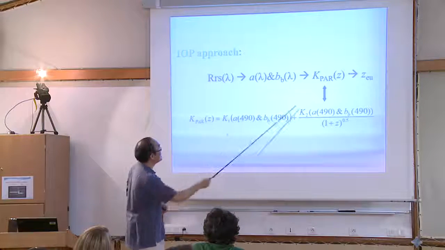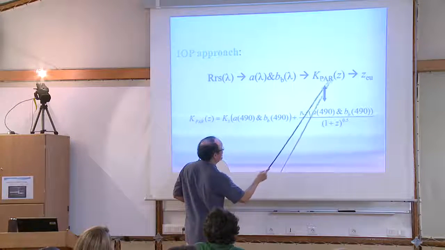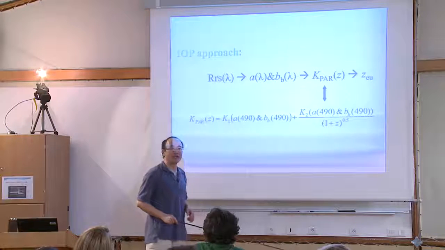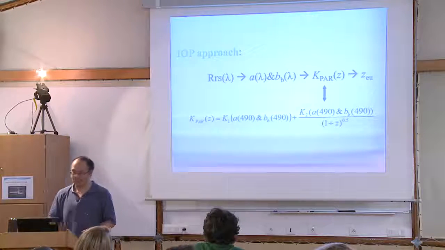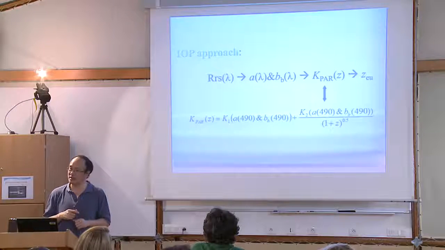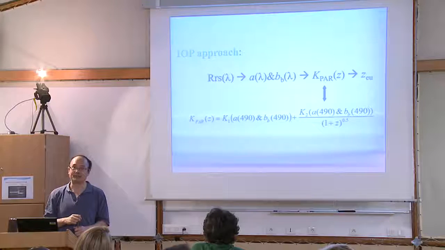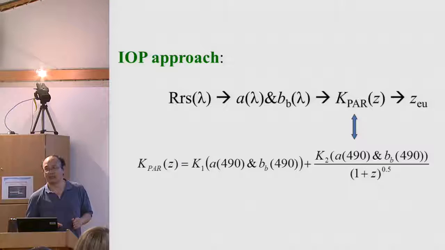Remember we said when K par at the depth ZEU, then K par ZEU times ZEU will be 4.6. So put this into these math equations, we can solve ZEU for given a and bb and for given angles. This K par Z is also somewhat angle dependent.